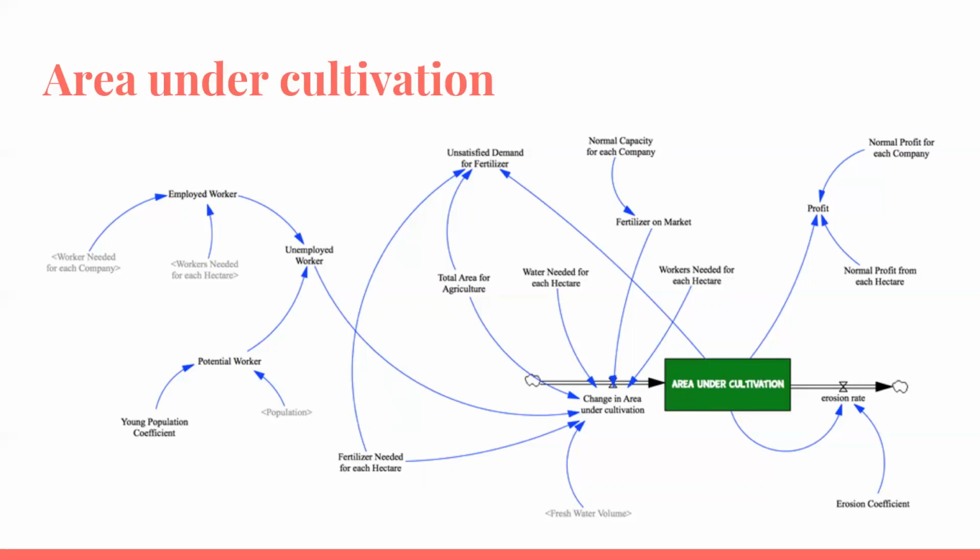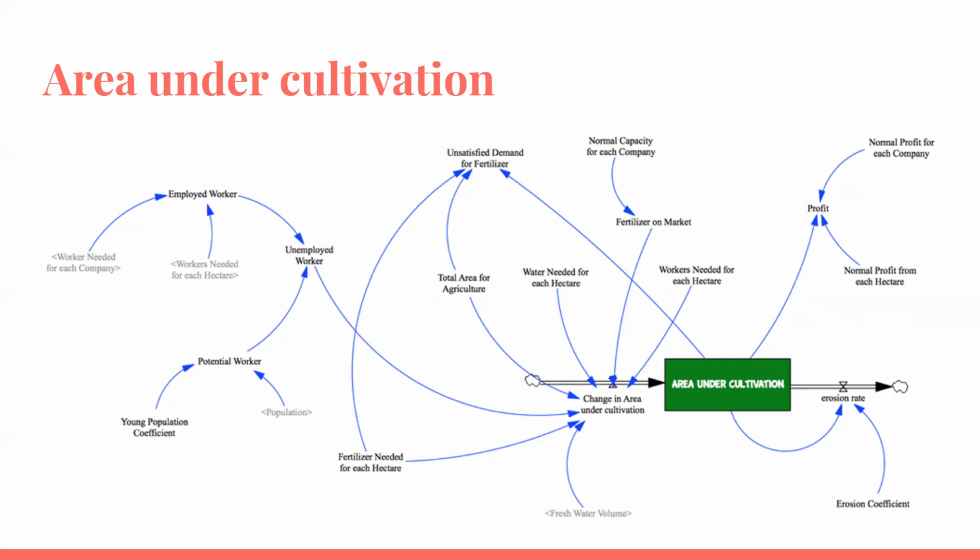In order to involve agriculture in our model, we consider a stock named area under cultivation. This measures the area that is being cultivated and used for agriculture in every period. So we have considered three important factors as requirements for developing area under cultivation, and these are workers needed, water needed, and fertilizer.